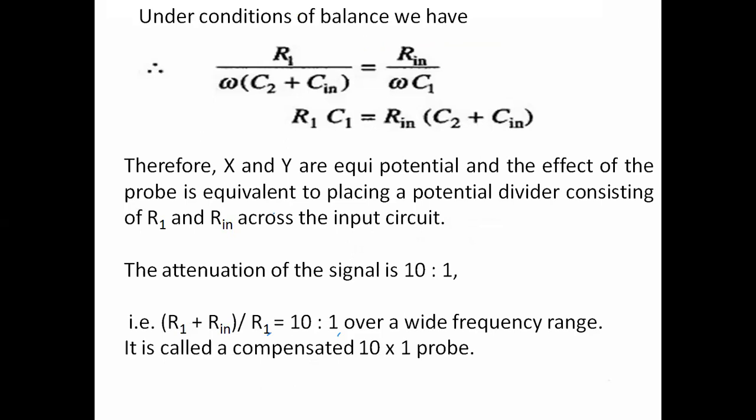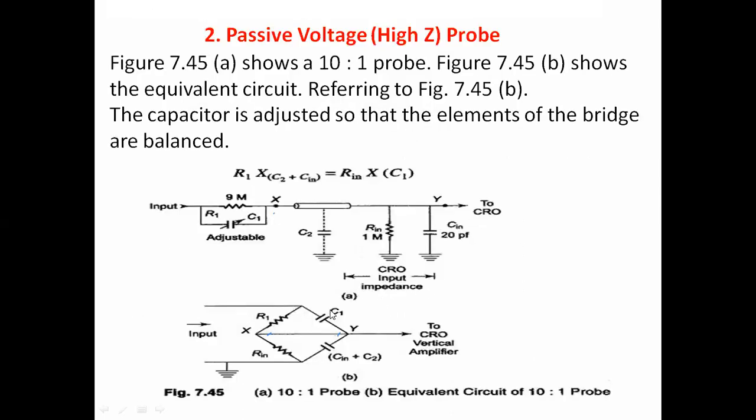So by placing a potential divider consisting of R1 and Rin across the input circuit, the attenuation of the signal is 10:1. Why are they saying 10:1?